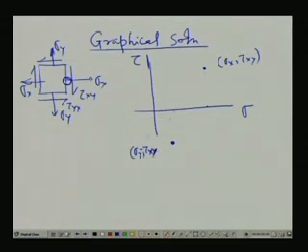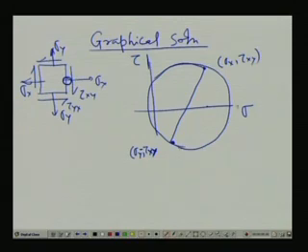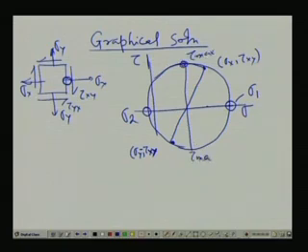Anyway, you can write it down. You join these two points, then draw a circle. These are the values sigma 1, sigma 2 principal stresses. You can see no shear stress, and these are the values tau max, tau min.